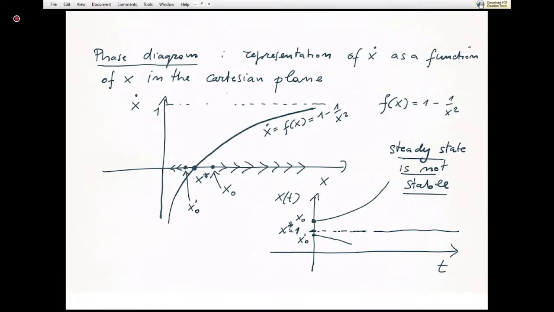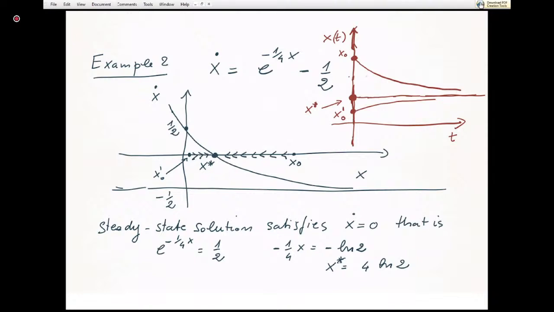Here is another example. X dot is equal to the exponential of minus 1 over 4x minus 1/2.